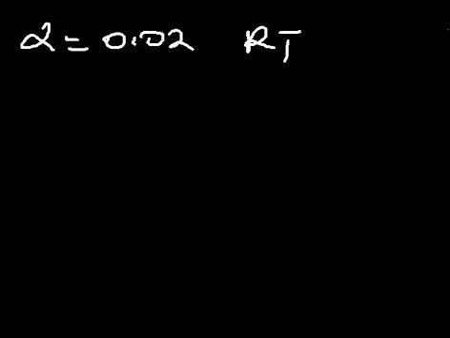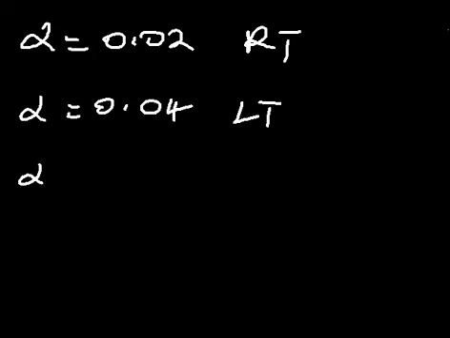Let's say we have alpha equal to 0.02, and let's say right-tailed. And we have alpha equal to 0.04, let's say left-tailed. And I should also have this case, let's say alpha equal to 0.07, and that should be a two-tailed test.